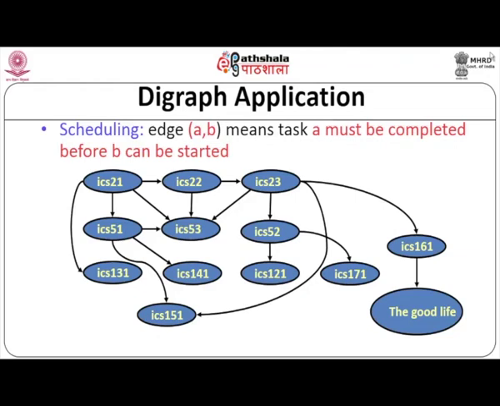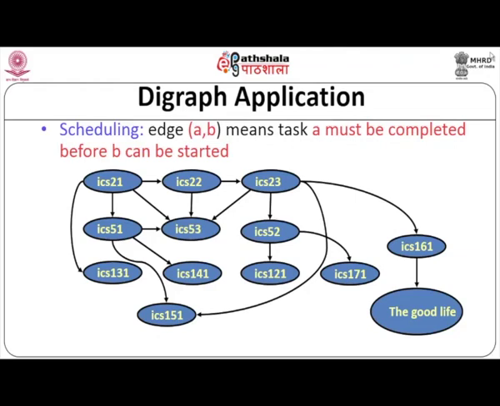You understand the problem, that when each has to be done is decided by this precedence graph. For example, ICS 131 is also possible after ICS 21, and ICS 151 can be done after 51, but ICS 53 ends there. Some things you can see is that it is possible to move in two places.